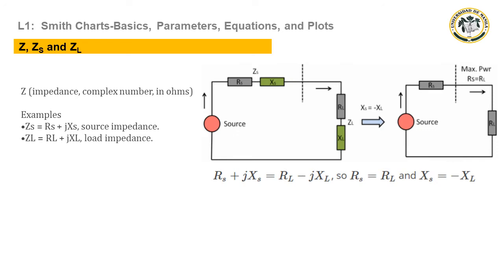Usually, in the industry, we often use 50 ohms characteristic impedance for radio frequencies and microwave. And for the cable, we usually use 75 ohms.